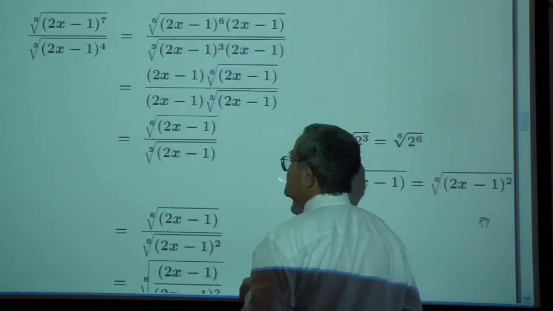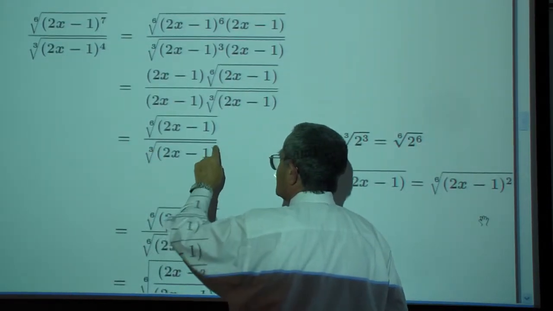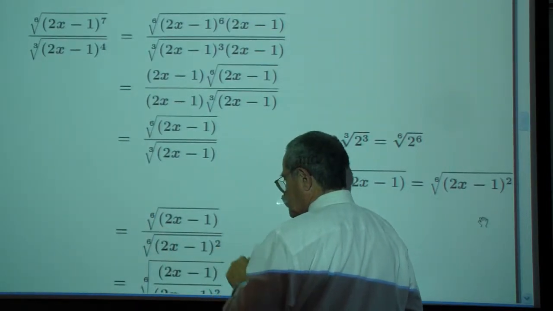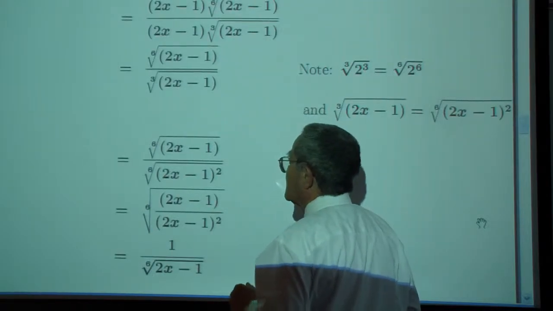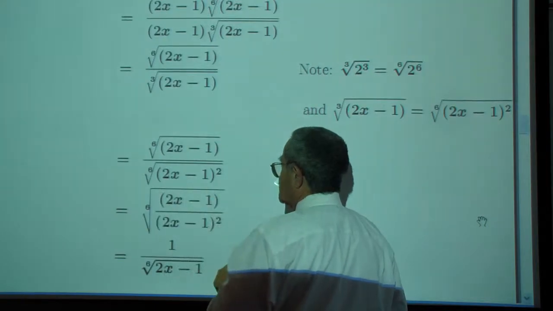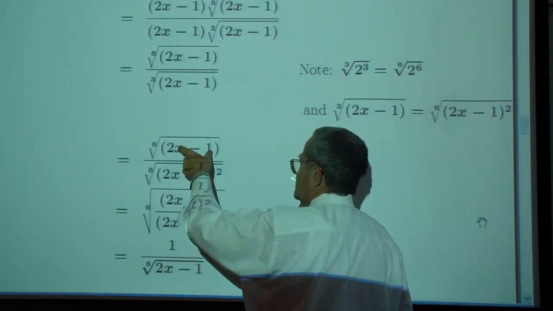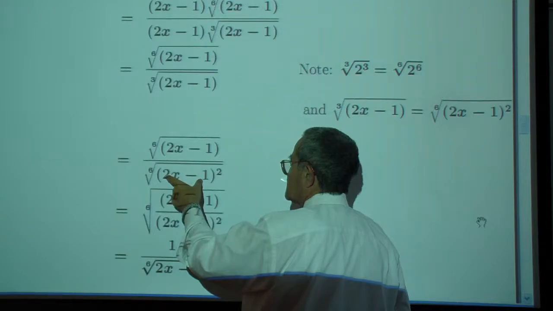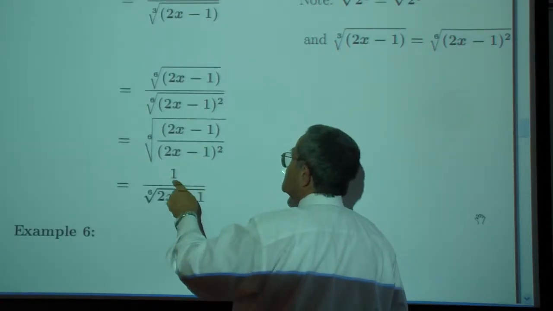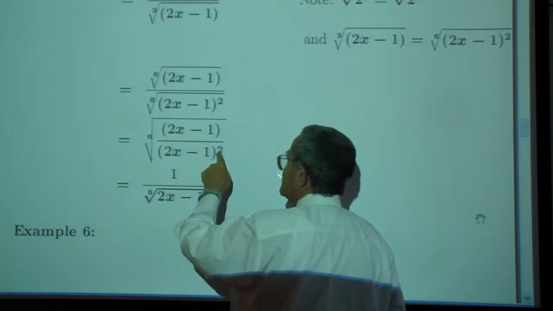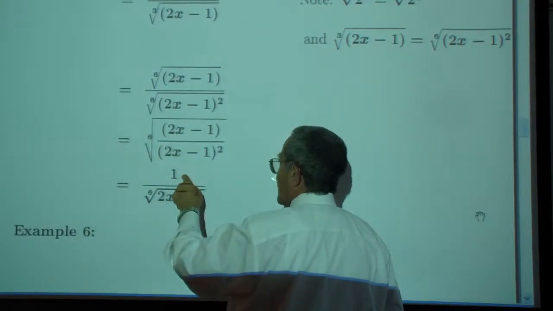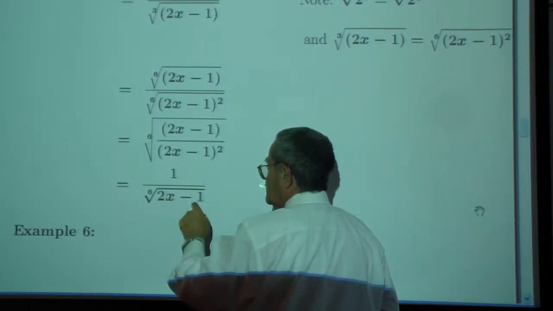Could I make the third root of quantity to the power 1 the same as the sixth root of power 2? Yes, I certainly could. When I have the sixth root, I can make that one fraction and the sixth root of that. And this is my numerator, this is my denominator under the radical sign. And then I can reduce this to 1 over quantity, and I can make it numerator, which is the sixth root of 1, which is just 1, and the denominator.